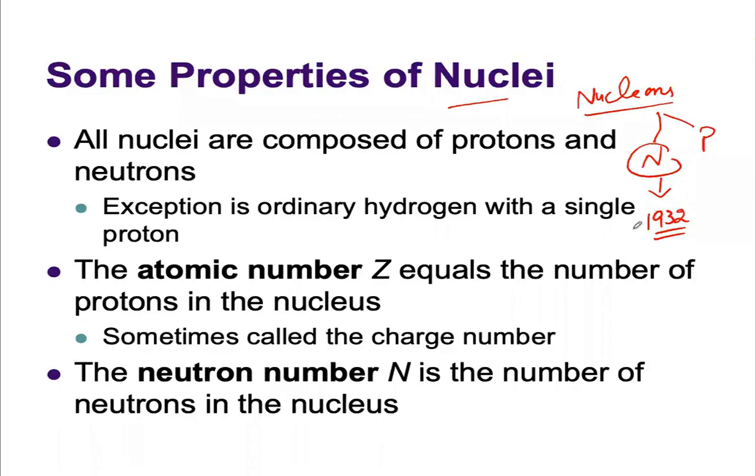Chadwick explained the discovery of the neutron, another particle present within the nucleus having a neutral charge, along with the positively charged particle, that is the proton.